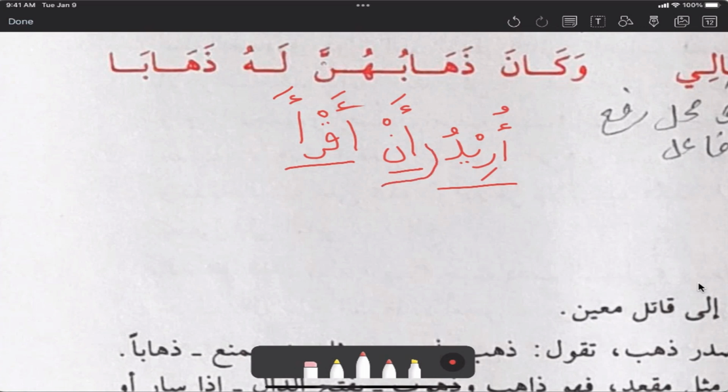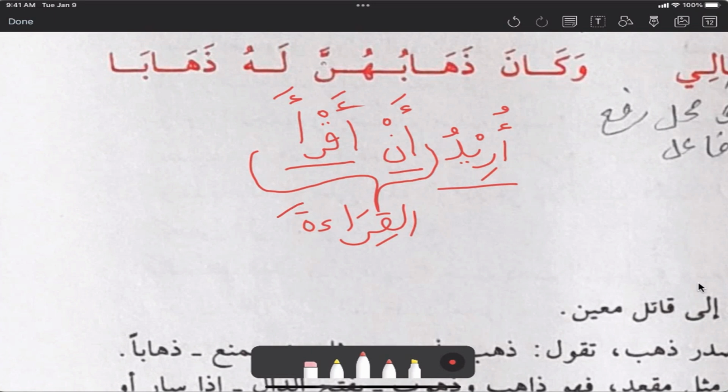So the meaning then is uridul qira'ah. I want the reading. Uridu an aqra', I want to read. Uridul qira'ah. It means I want to read. So that really works in English too.